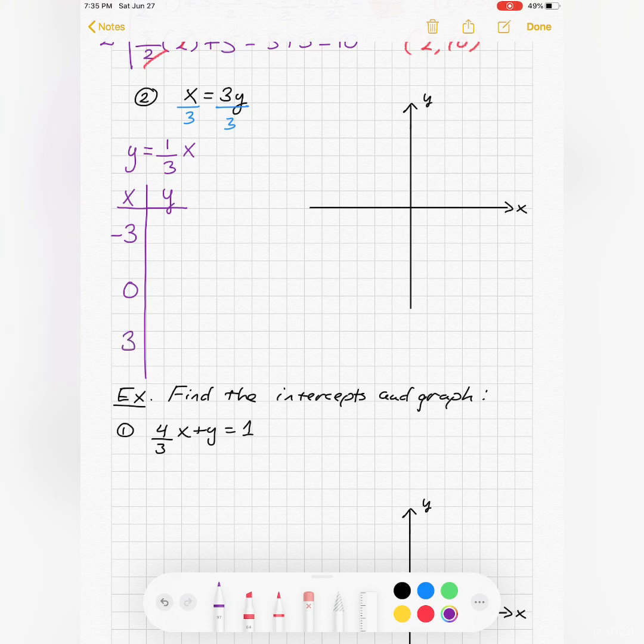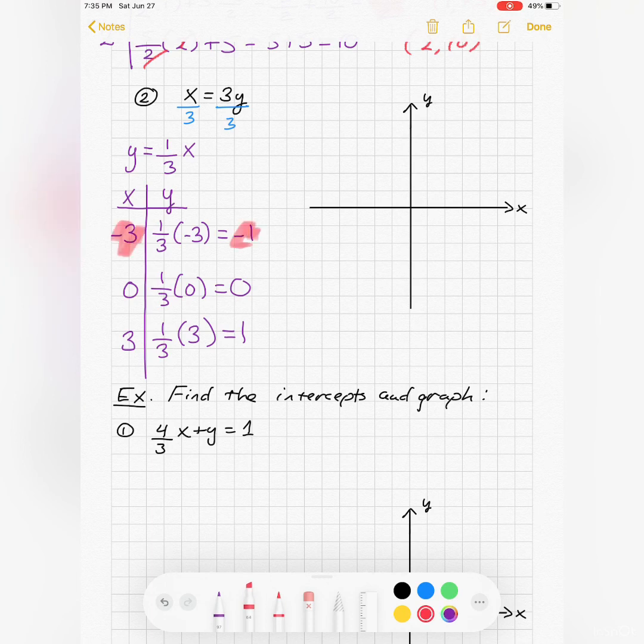Picked multiples of 3. That way I'll get nice numbers when I plug them in. Can always add to my table if I need to. So let's see, what are my points?